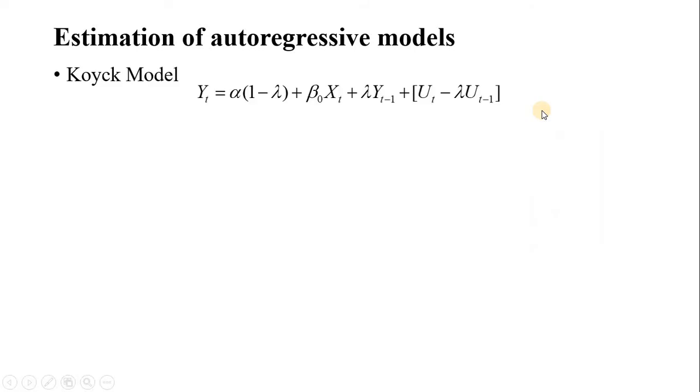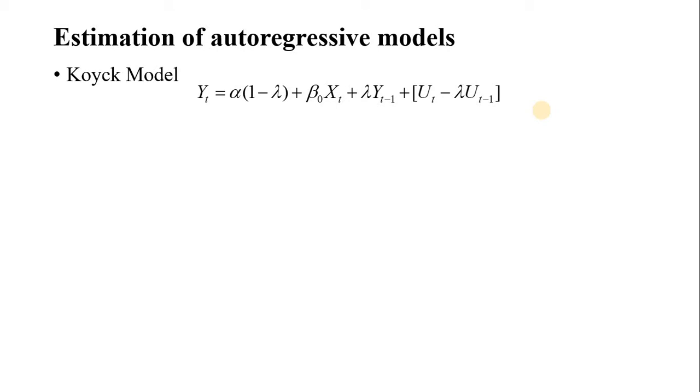by giving it some economic or theoretical content. Okay, so if we look at the Koyck model, the equation looks like yt is equal to alpha(1 minus lambda) plus beta 0 xt plus lambda yt minus 1 plus ut minus lambda ut minus 1.